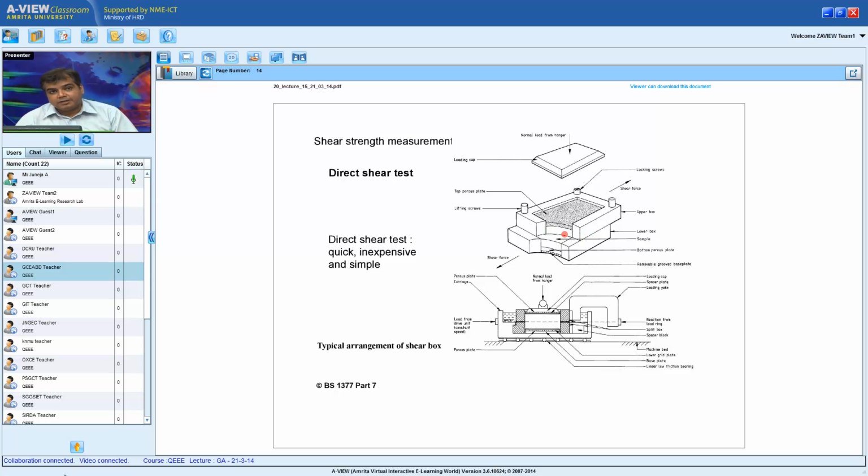If you can guess the magnitude of this particular stress value, it's not difficult to visualize that since this box is rigid and stationary, the soil is not allowed to move horizontally. There is no bulging. If there is no bulging, theory of earth pressures tell me that this is the static case, earth pressure at rest.